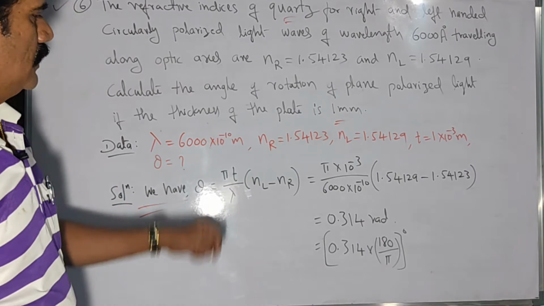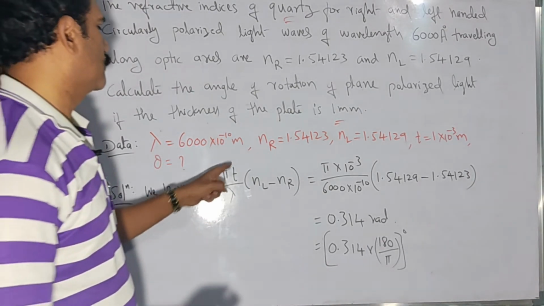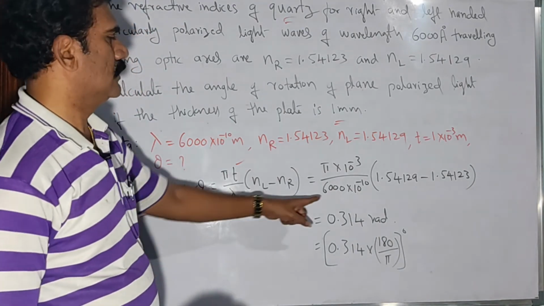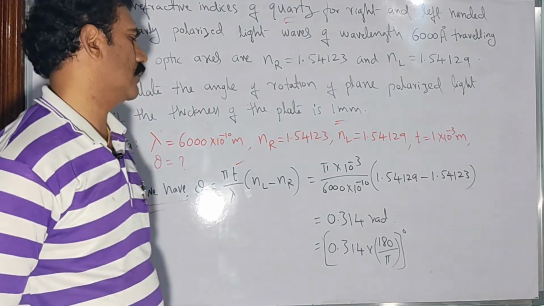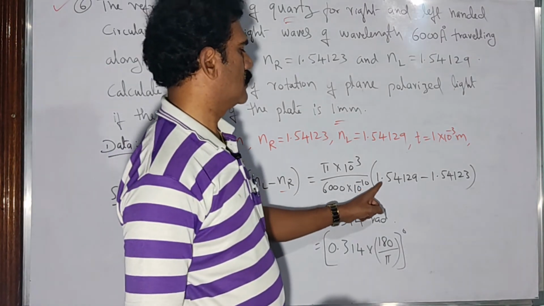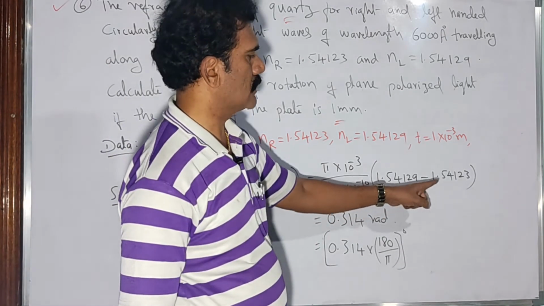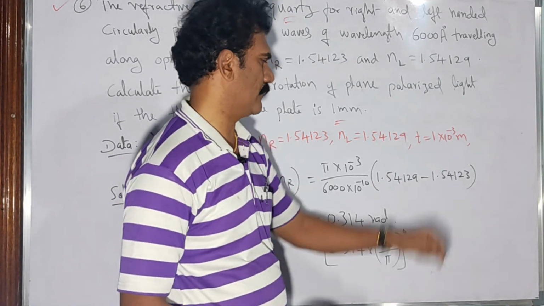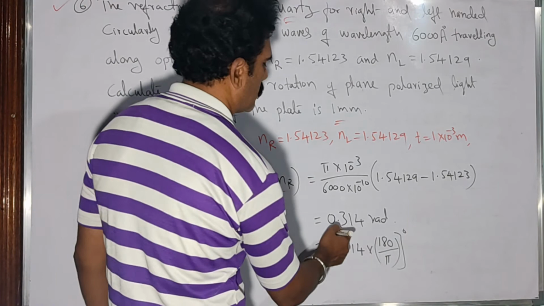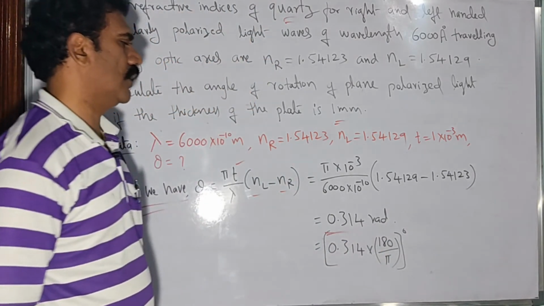All data are given here, so you can substitute t is equal to 10 to the power of minus 3 and lambda as 6000 times 10 power of minus 10. The difference NL minus NR is 1.54129 minus 1.54123. After calculation, in radians you will get 0.314.